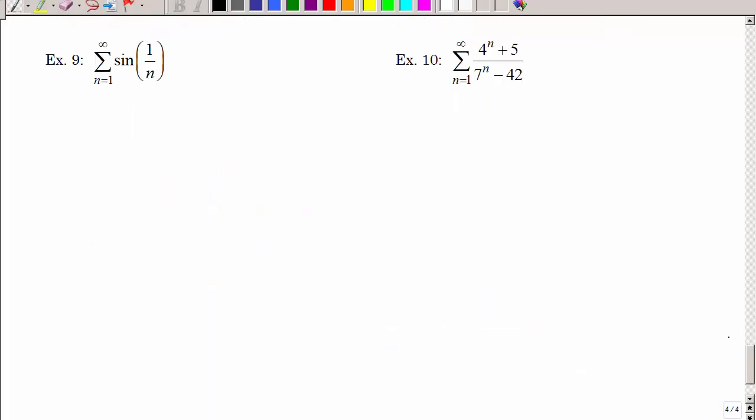More examples. The sine of 1 over n. What's up with that? Again, get rid of stuff you really don't know and just get down to the simplistics. So I'm just going to go with that and see if it works. Again, that's a p-series where p is 1, so I know it diverges. I could try the direct comparison test.